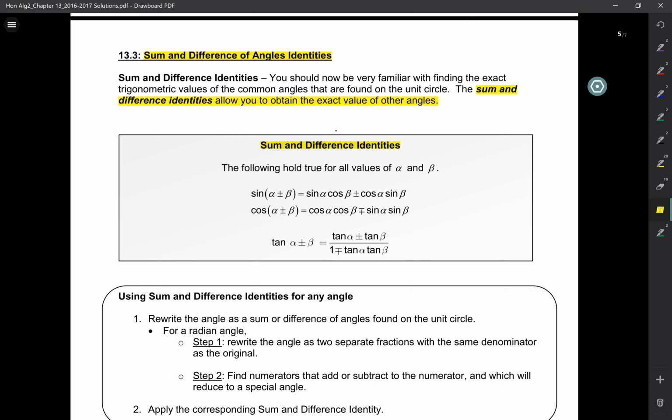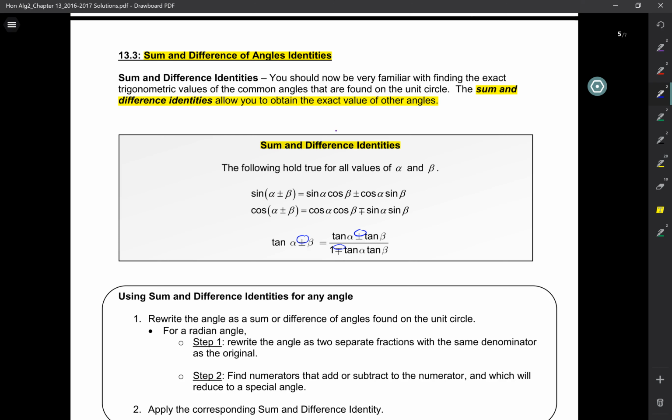Okay? Tangent is another one. So you have tangent alpha plus tangent beta over 1 minus tangent alpha tangent beta. So remember, for the tangent, it keeps the sign here. It switches the sign here. Why does it say plus minus if it's actually minus?